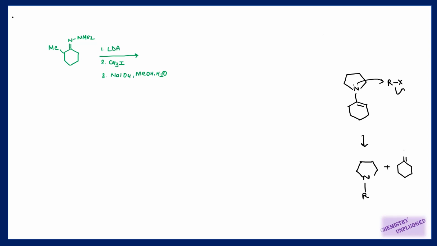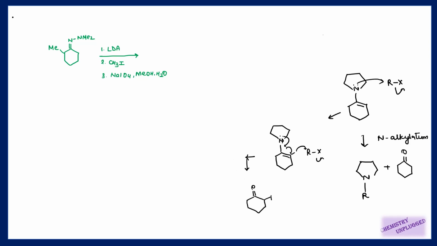So instead of C alkylation, I will get the N alkylation product, and this is what I don't desire, right? The second possibility is that I will get this type of alkylation. After hydrolysis, it will give me this one as the final product, right? So there are two possibilities. This is C alkylation and this one is N alkylation.